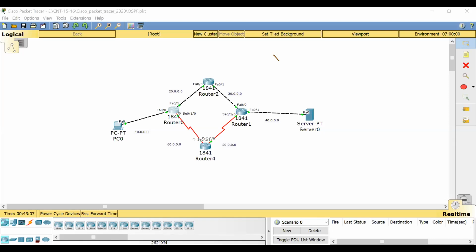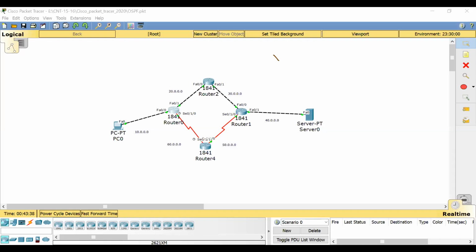You can observe here that the bandwidth is 64 kbps. So if the bandwidth is 64 kbps, then the cost of the link is 1562. And for fast Ethernet, just scroll up. You can observe here that for fast Ethernet, the bandwidth is 100 Mbps.